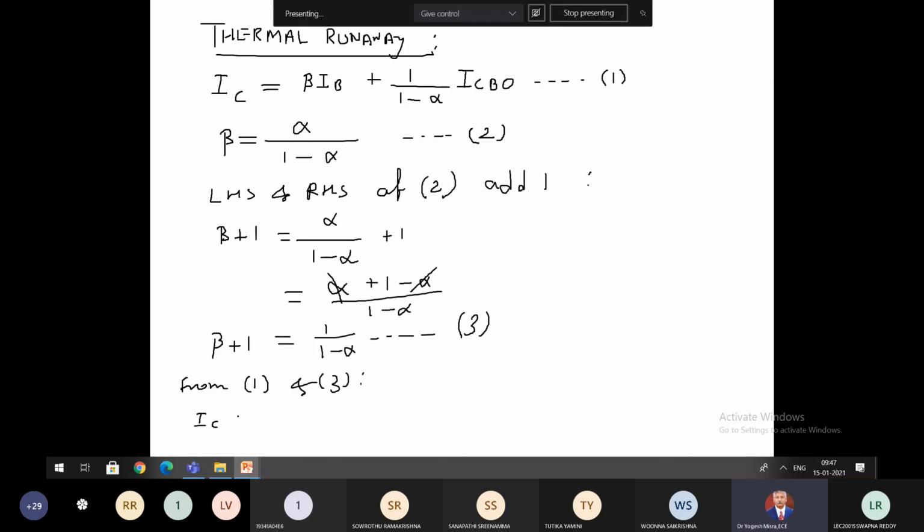IC is equal to beta IB plus beta plus 1 ICBO. This is my expression number 4.